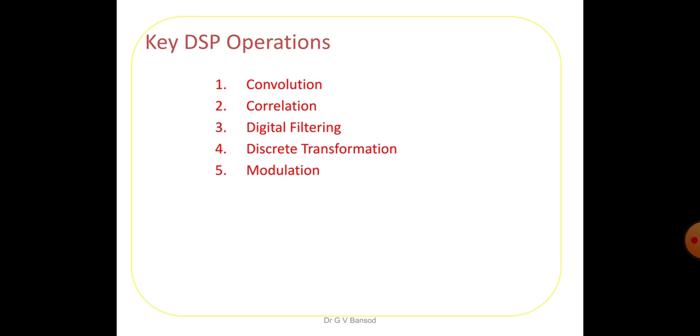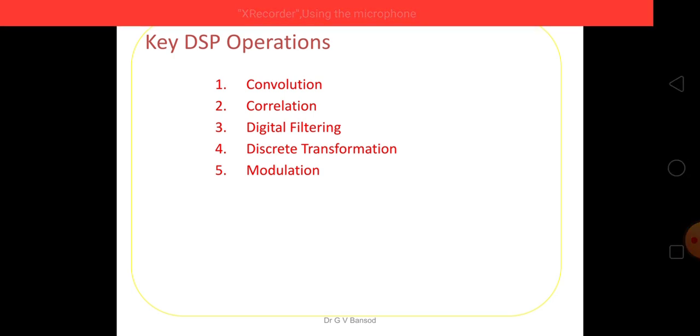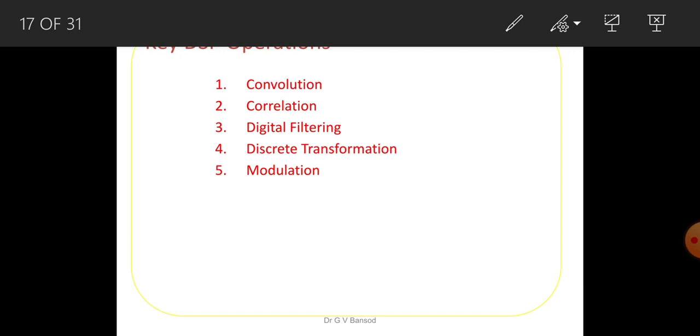And these are basically the DSP operations we talked about: convolution, correlation, digital filtering, discrete transformation, modulation.